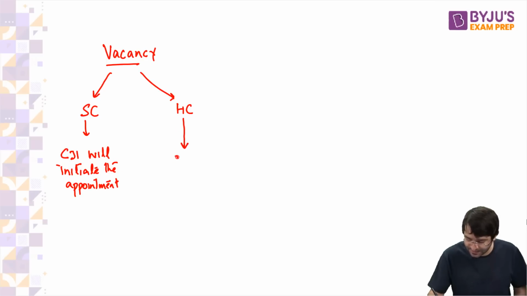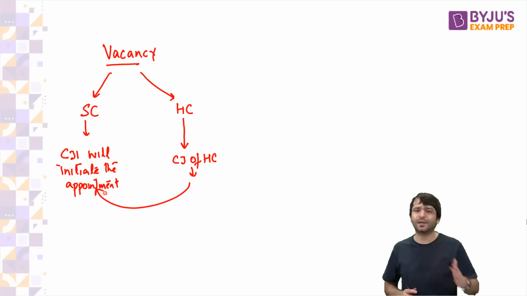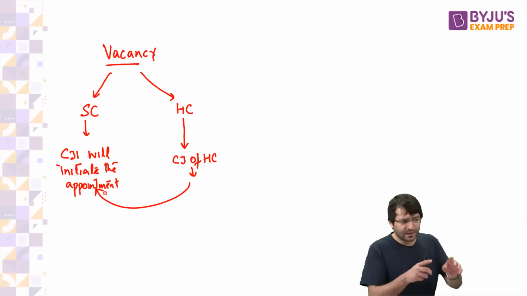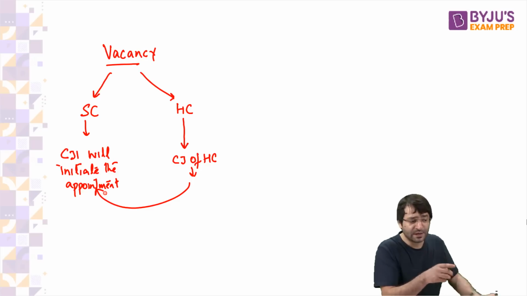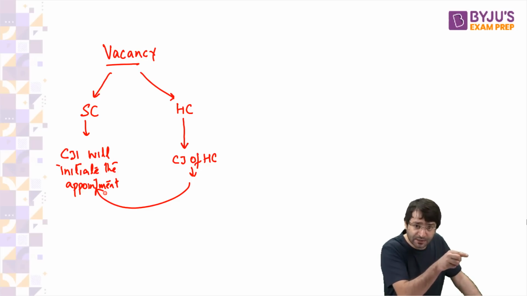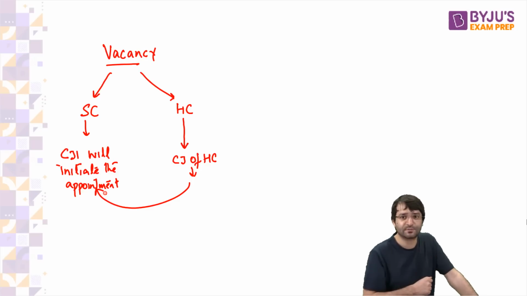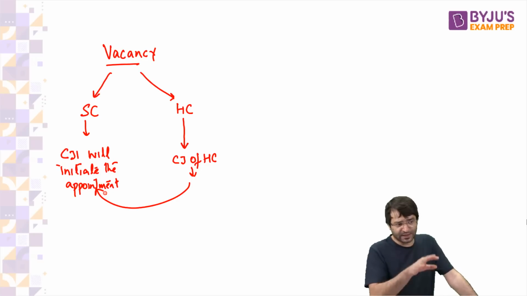And if there is a vacancy in a High Court, the Chief Justice of the High Court will initiate the process of appointment. Sir, what are you saying? I'm saying if there are 10 vacancies in Allahabad High Court, the Chief Justice of Allahabad High Court will initiate this process, telling us that there are 10 vacancies in Allahabad High Court.